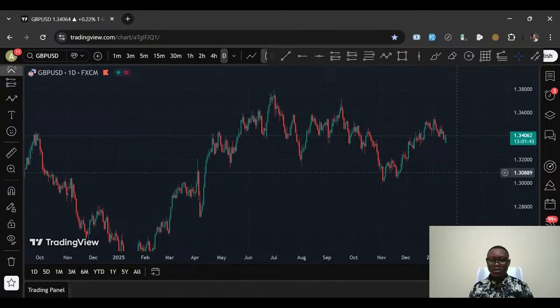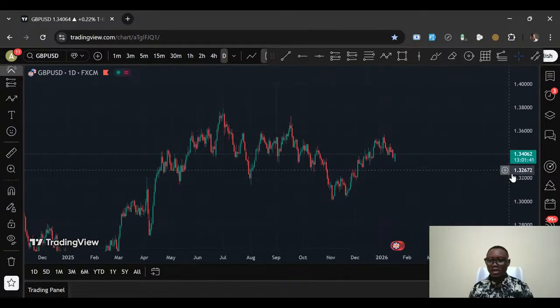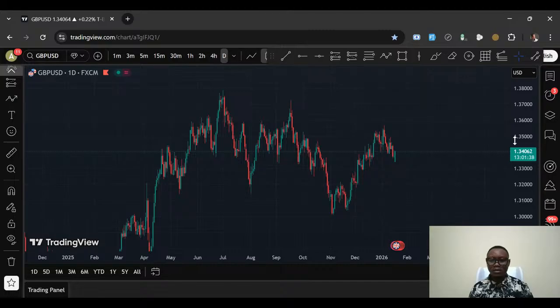So let's mark out the most recent break of structure or market shift. Okay, so this has just been mitigated, so we missed this. Let's look out for this. Okay, I have this.